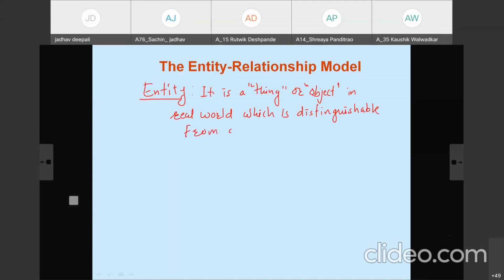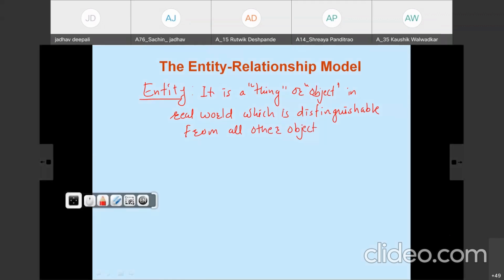Entity is a thing or object in the real world that is distinguishable from all other objects.